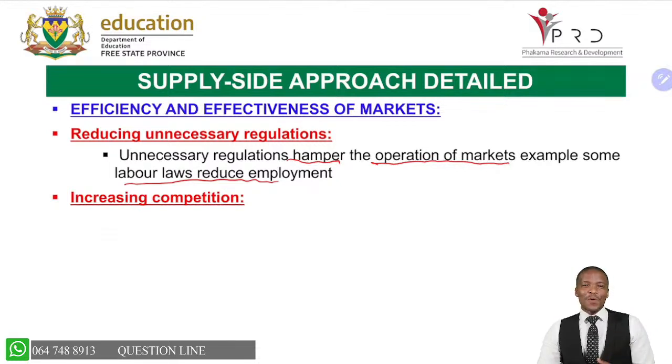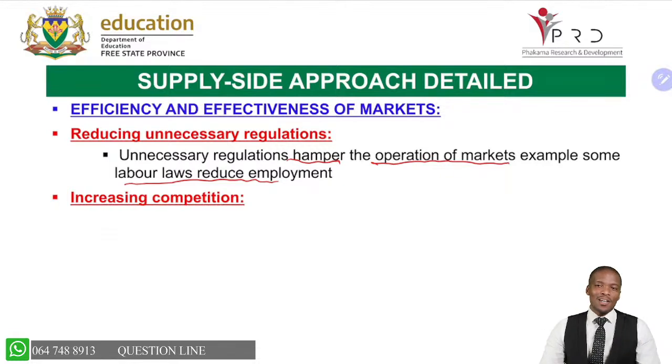In the demand side approach, you and I say the labor and the salaries or the wages should be increased so that you and I can afford basic goods and services. But on the side of the business, they want to decrease the cost that is associated with salaries and wages so that they can make profit, and that profit can be used to expand the business and to improve economic growth and development.